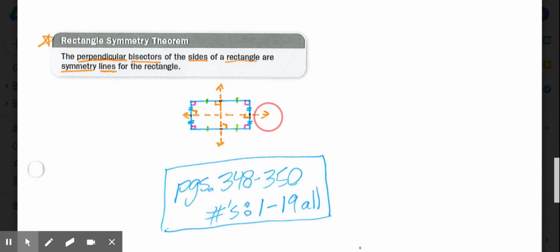The perpendicular bisector of our two sides going sideways ends up being one of the symmetry lines, and the perpendicular bisector of the other two sides is also a symmetry line. You can see all the different congruent markings that we know based on these being bisectors and perpendiculars. So we end up with many small rectangles within our larger rectangle.